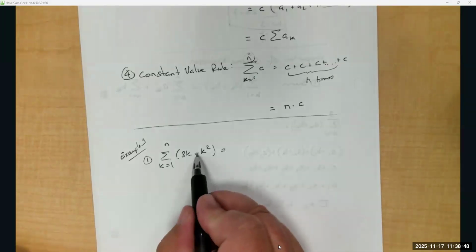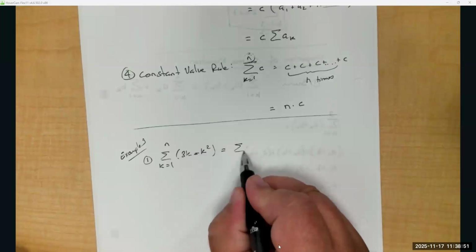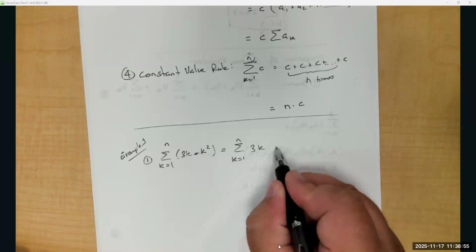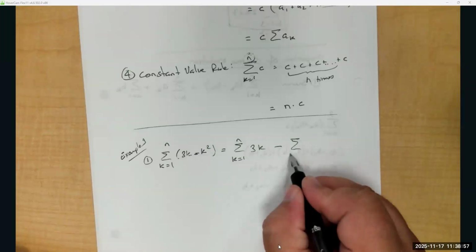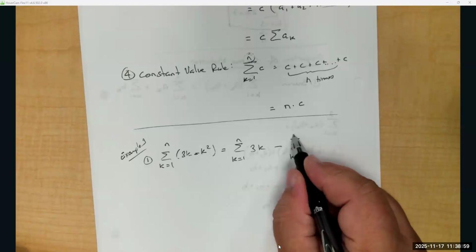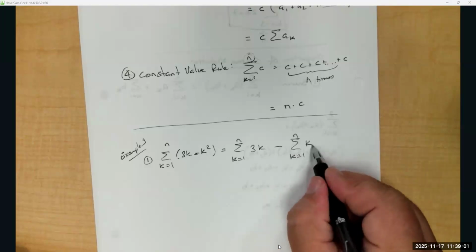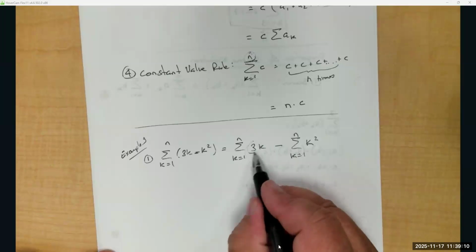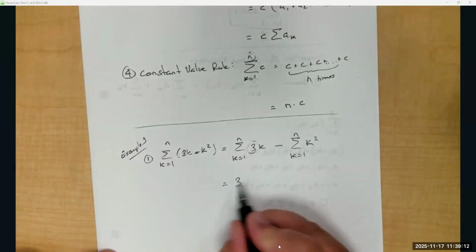Well, first off, we have a difference rule. Minus. That's the first one, the difference rule. Then we have a constant multiple, so it goes out in front.